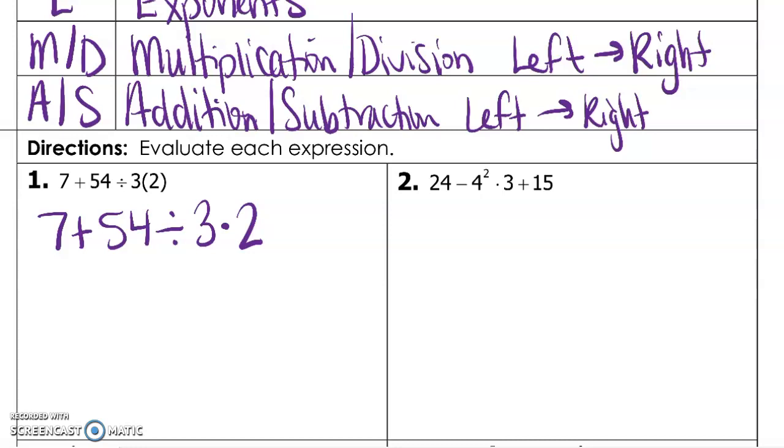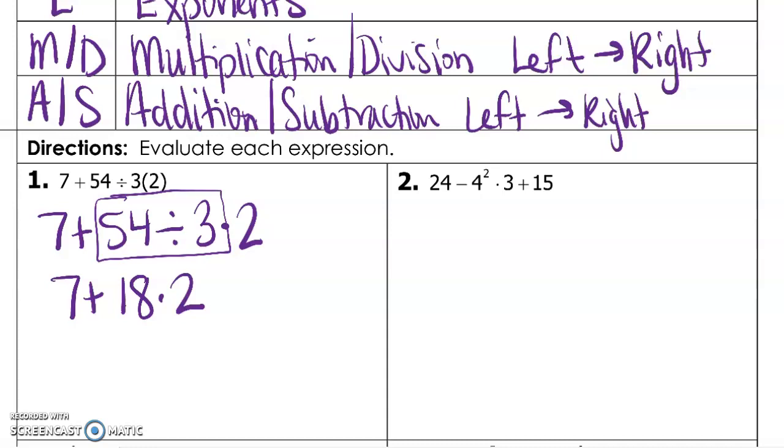A lot of people want to do the 3 times 2 first, but right up here it says multiplication and division needs to be done from left to right. So we actually need to do the 54 divided by 3 first. That gives us 18. So we have 7 plus 18 times 2.